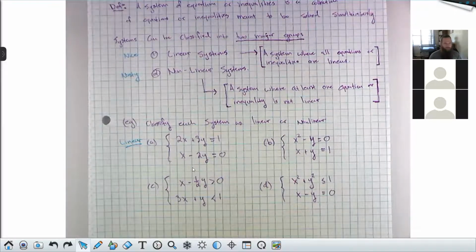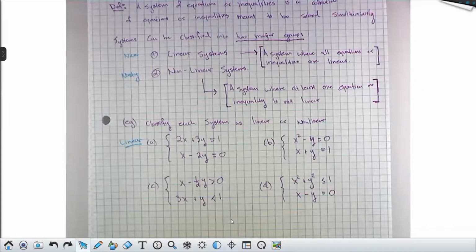Okay, what about B? Non-linear. Good. Yeah, that's correct. This is nonlinear. Can you tell me why this is nonlinear? Because x is squared.